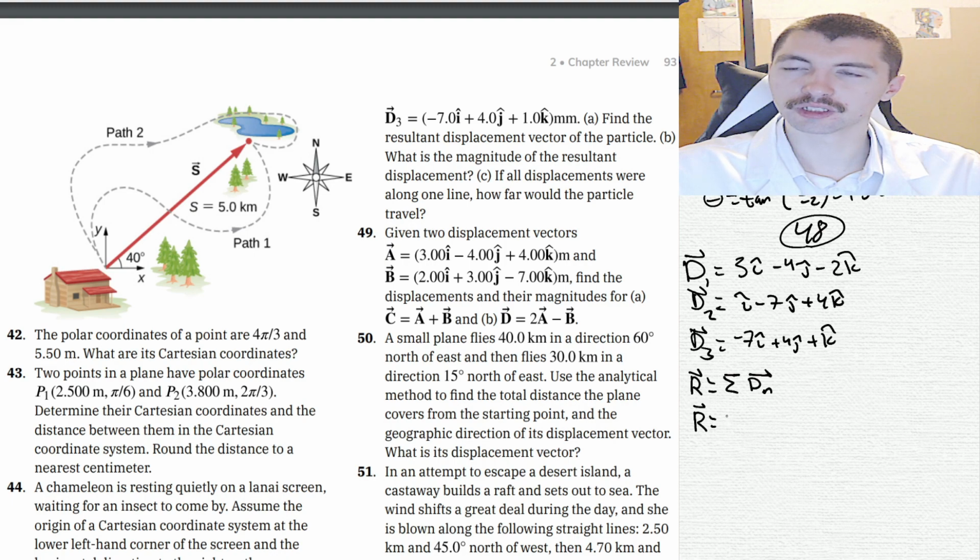So 4 is -3I. So -11 plus 4 is -7J. 5 minus 2, 3K.